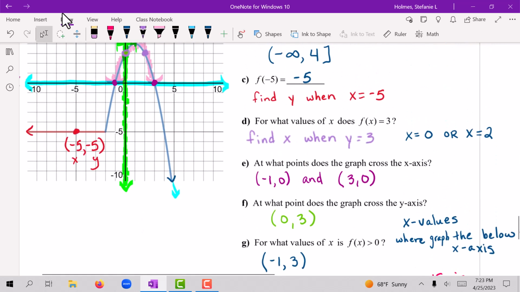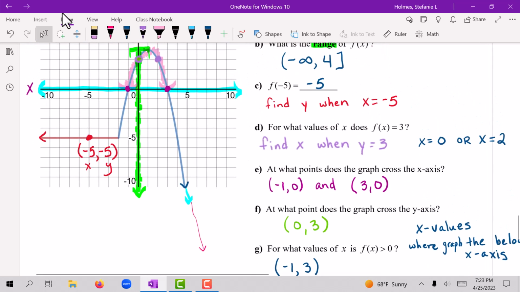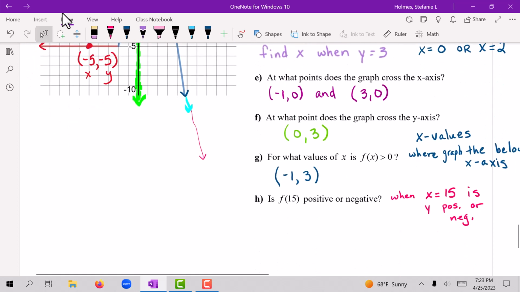Well, the problem is 15 is somewhere off the edge of the graph, right? But what do we know? We know that as our x value gets bigger, y keeps getting smaller from this point on, and it's already well below the x-axis. So it has to be negative.